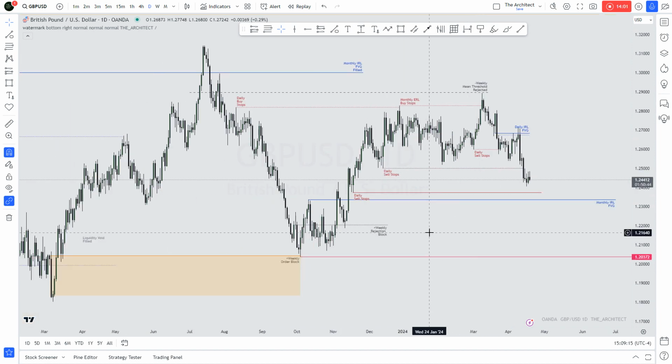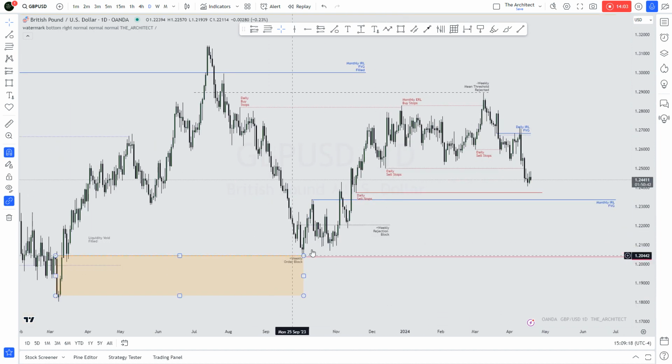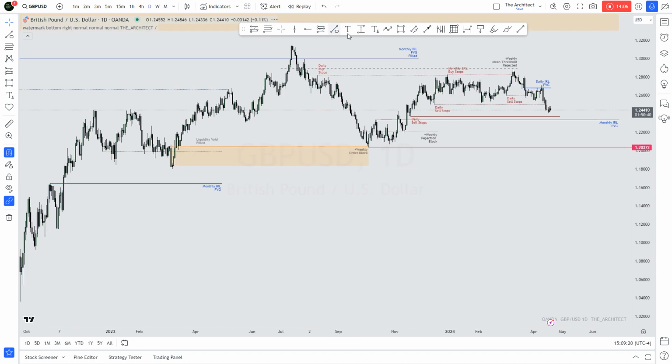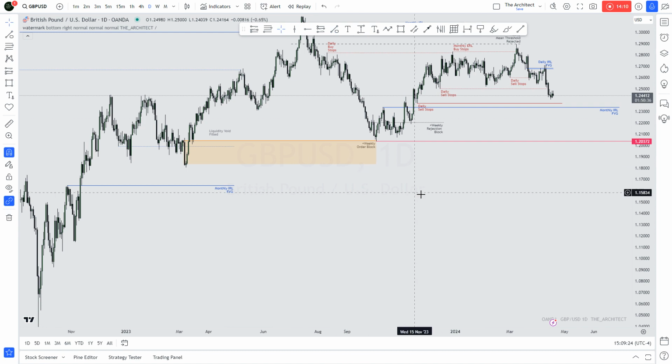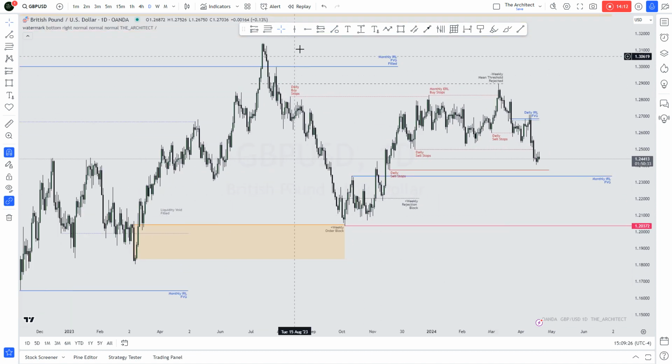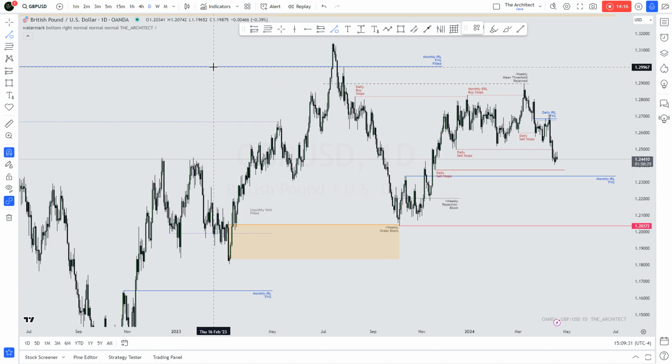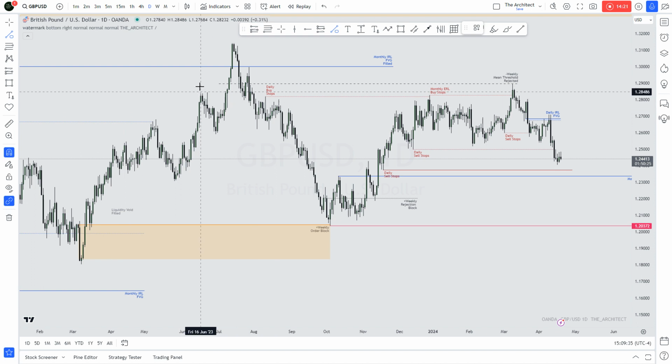So we can see on GBPUSD, the moment we, sorry about that, GBPUSD has been bullish to the point where we reach this monthly fair value gap, right? That's the last break of structure to the upside.